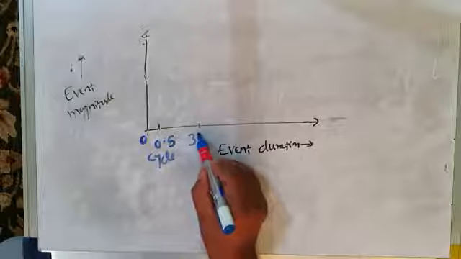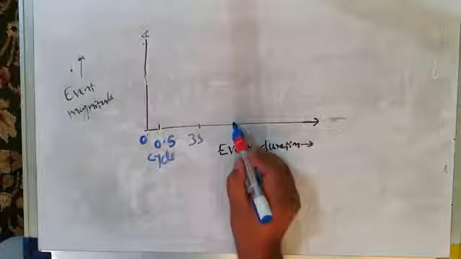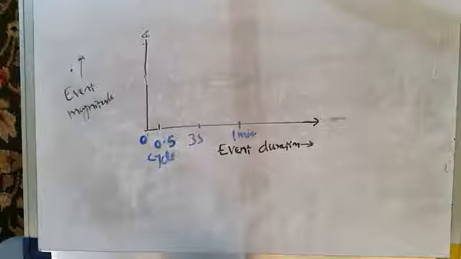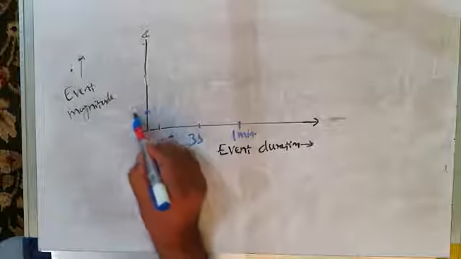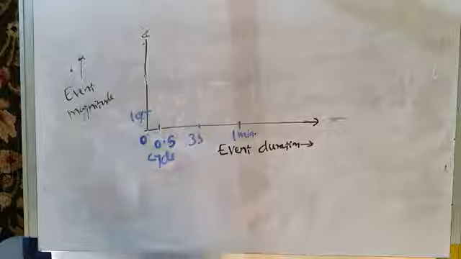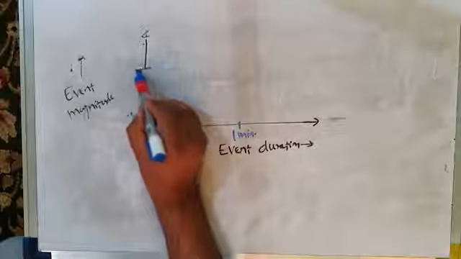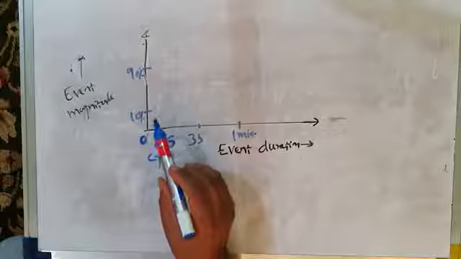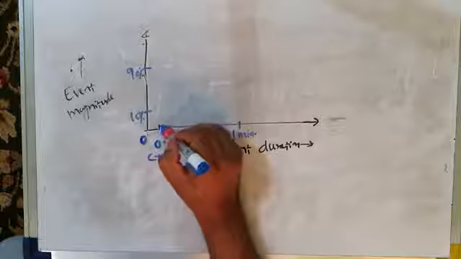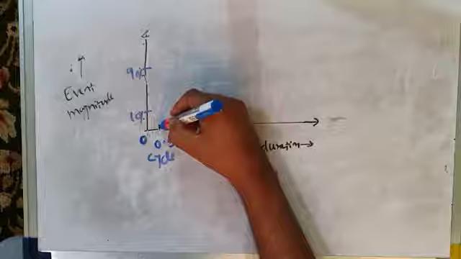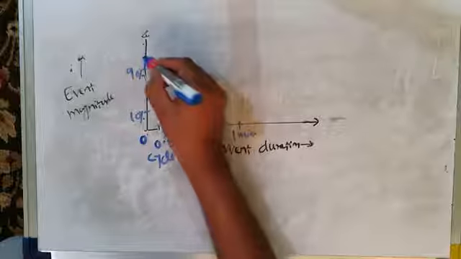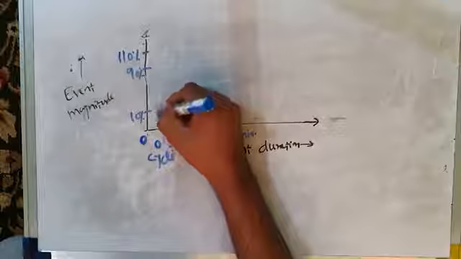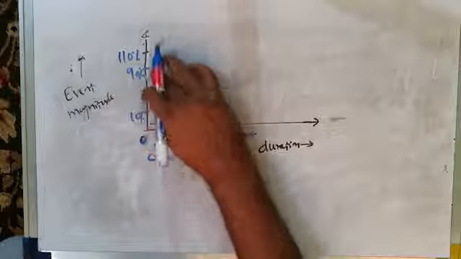This is 3 seconds. This is 1 minute. MIN means minute. So this is 10% of event magnitude. This is 90% of event magnitude, 90%. So we can categorize it like this. And this is 110% of event magnitude. Let me first of all draw, then I will explain.